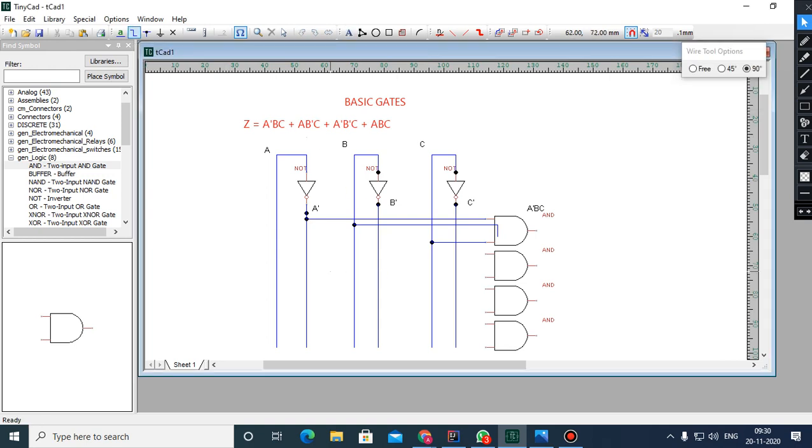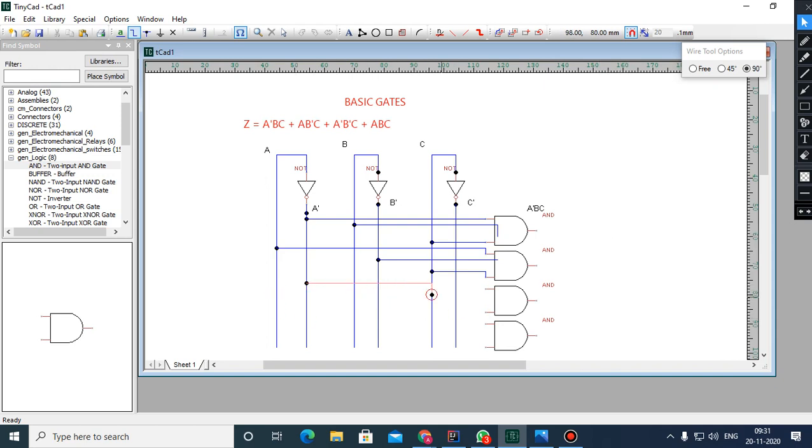Second is AB complement C. So second is A. This is A, and now here it is B. Second is B complement, okay, and the third is C. I have connected. Now the third gate, it is A complement.